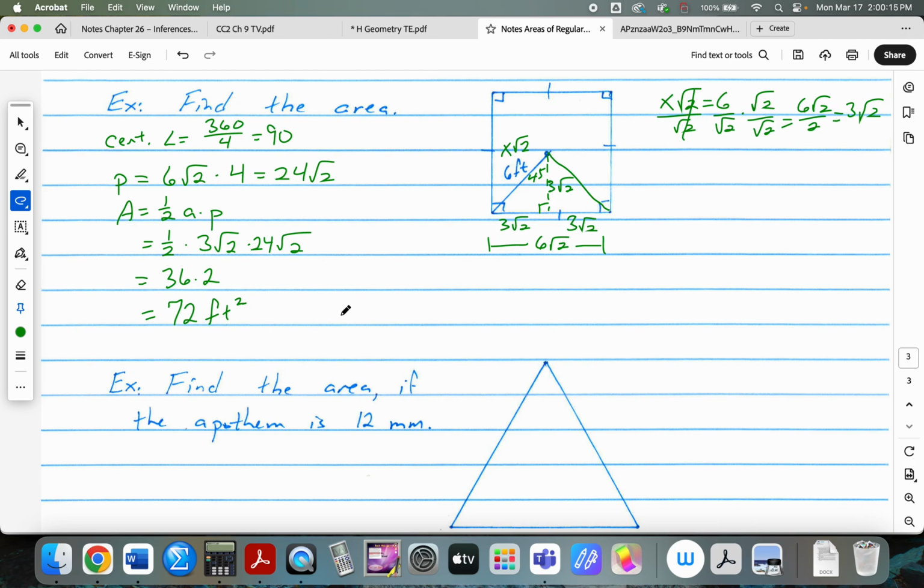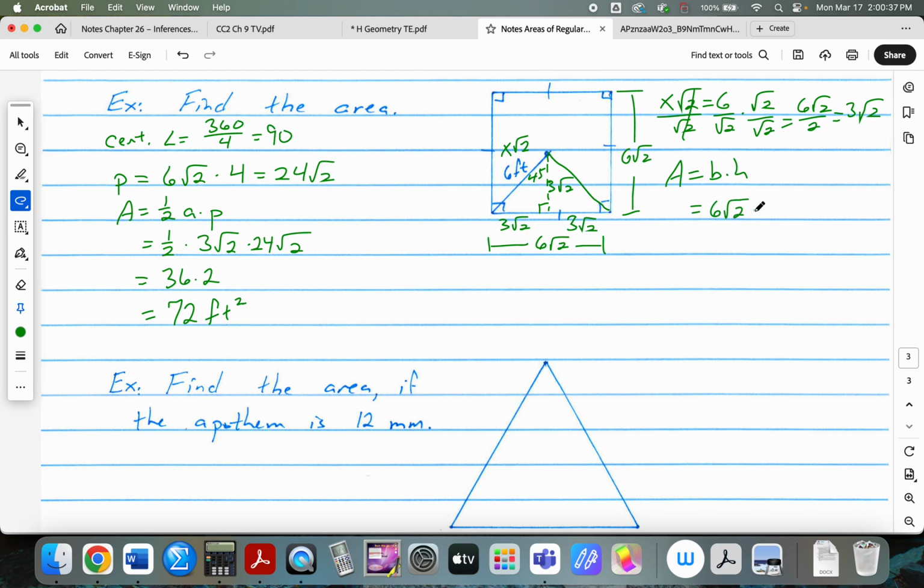By the way, this is a square. You don't have to use 1/2 apothem times perimeter if you don't want to. You could have done area is equal to base times height, because it is. And that'll be 6 square roots of 2 also.